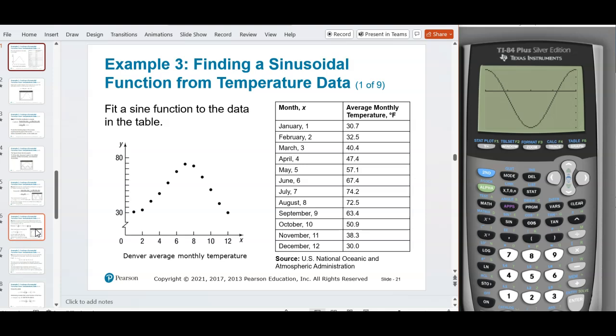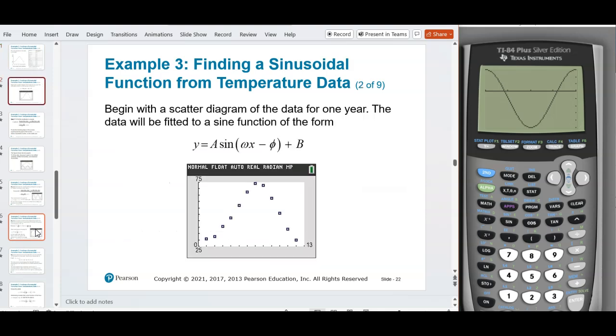And so what we end up with is needing to come up with these values for alpha, omega, phi, and b, or beta, I guess, A and B, and then alpha, or omega and phi.